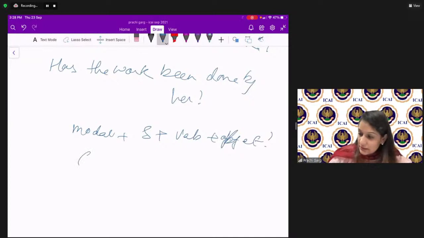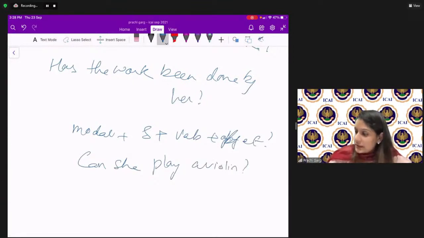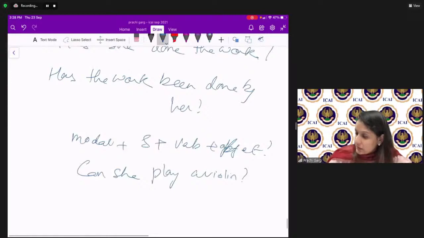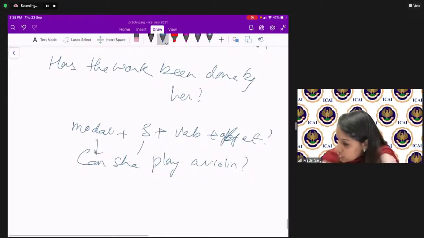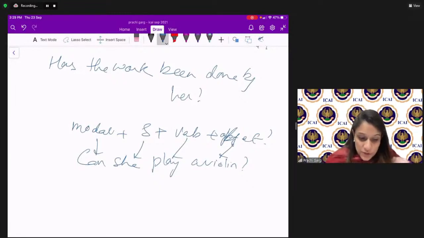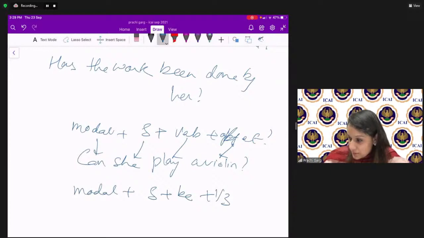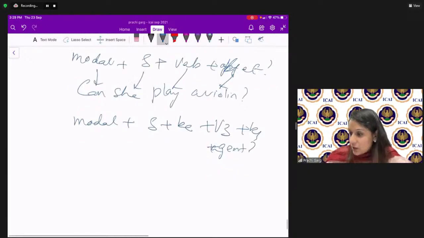So if it is, "Can she play a violin?" Yes. Now in the passive voice, you will change it as modal plus subject plus be plus V3 form plus by plus agent. Now quickly change it and tell me how will you change "Can she play a violin?" to the passive voice? Quick, quick, quick.